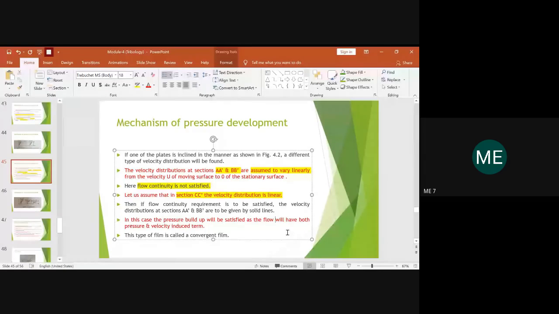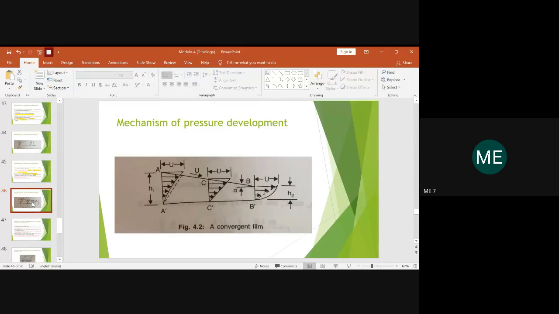Now, due to the addition of one more section C dash, we can assume that there is continuity in the flow, and hence the flow continuity is satisfied. Once this is satisfied, we can claim that the velocity distributions at sections B dash and A dash have to be given by solid lines.